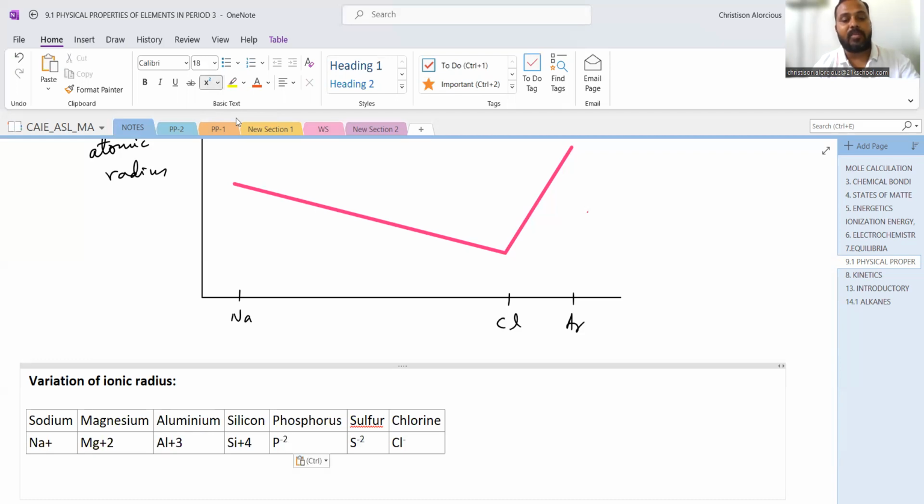Now, why would there be a big difference between them? Let me just get the charges.